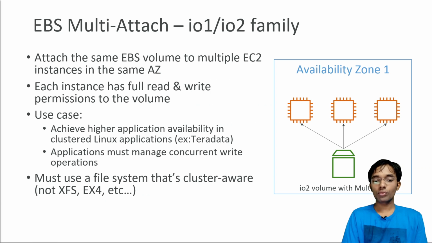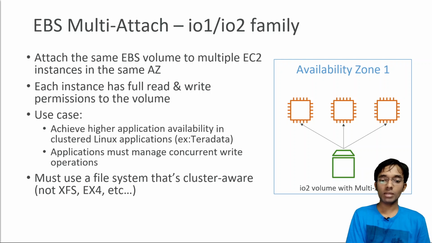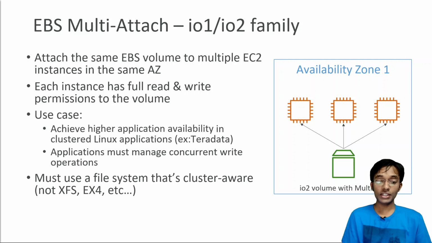Now we will move on to another feature of EBS, Multi-Attach, and it's only available for the IO1 and IO2 family, only the IO family, okay, which goes against what I told you earlier. It gives you the ability to attach the same EBS volume to multiple instances in the same availability zone, and each instance will have full read and write permission on the volume.